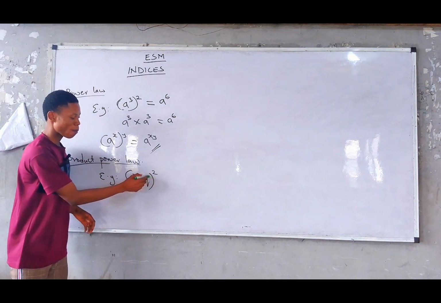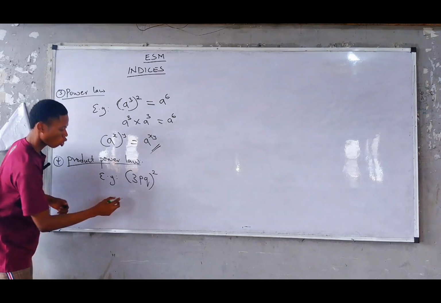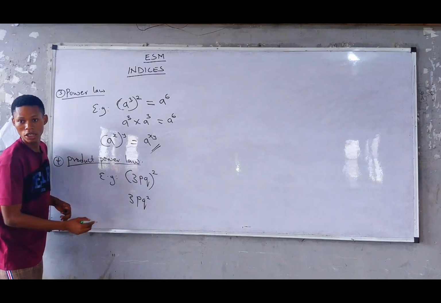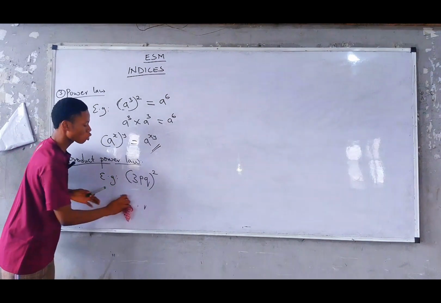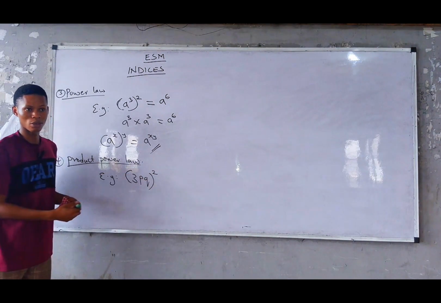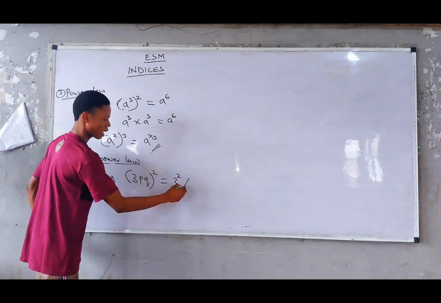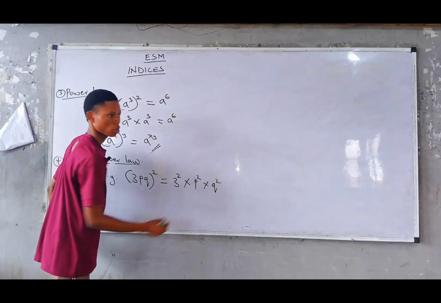Now, please look up. This square applies to everything in the bracket here. Some persons will just come and say 3pq square. This is very wrong. This square outside the bracket applies to everything in the bracket. So this is the same thing as 3 square times p square times q square.